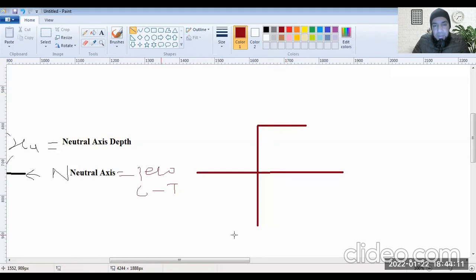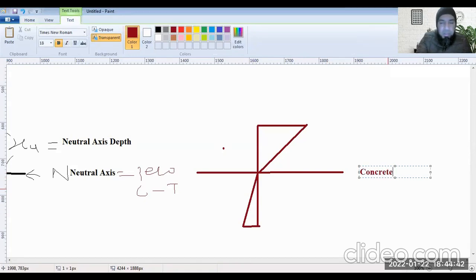At the top, and it will go towards zero at this point, and then it will again go to tension. Now in tension, only for concrete first, and there is no steel here.